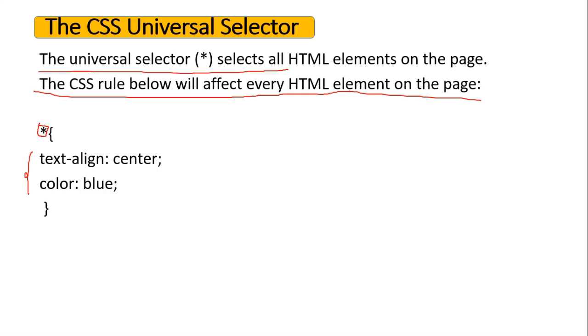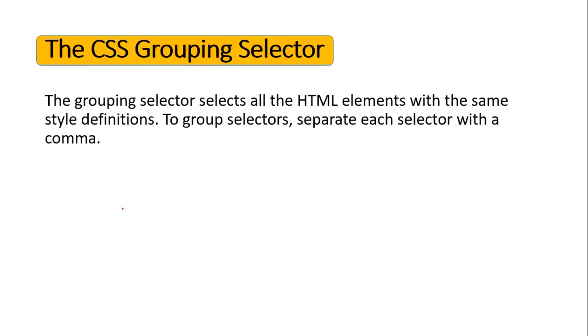If you want to align an image, or resize an image in a particular page, you can use star, and then you can give the size of an image, size equal to something like that. So star is used as the universal selector where the CSS rules will affect every HTML element on that page.